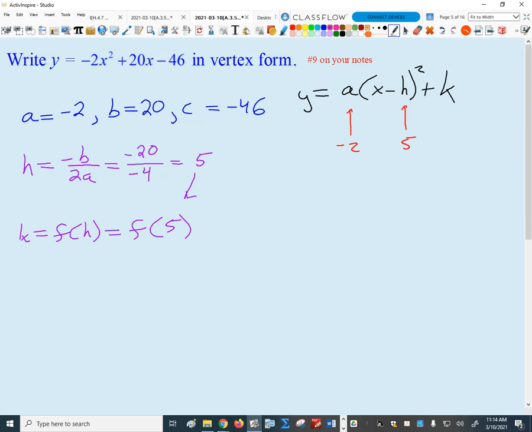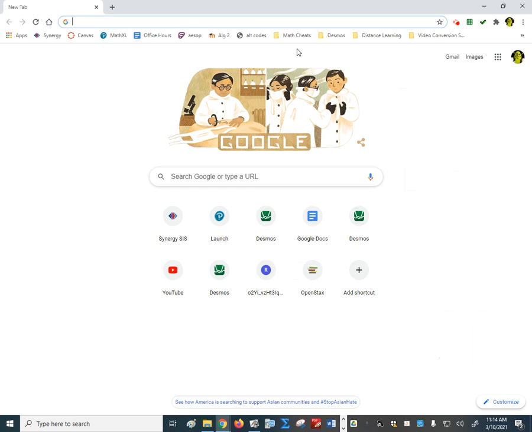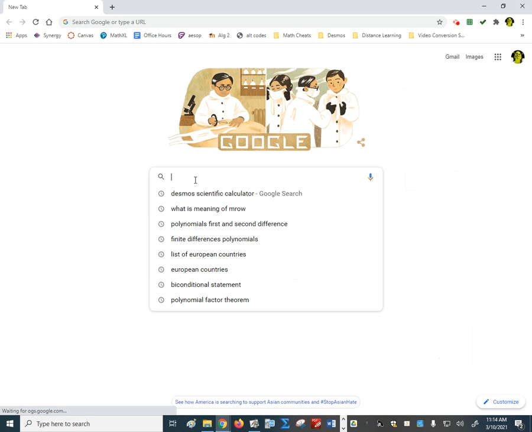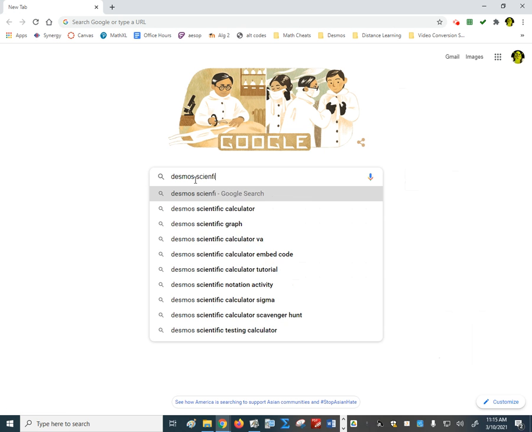So to do this, you got to use Desmos Scientific. If you haven't yet bookmarked that, do it. So to find it, you just go into Google and you can just search up Desmos, D-E-S-M-O-S, Scientific. And if you do that, it'll pop up right away with Desmos Scientific Calculator. Click on that.